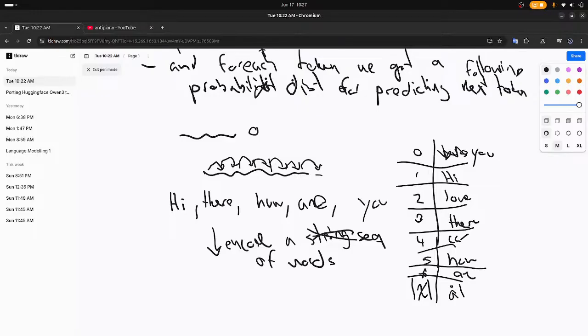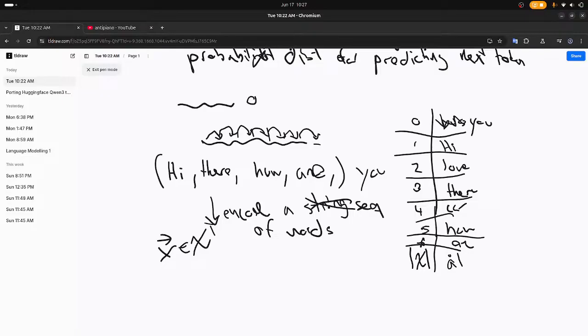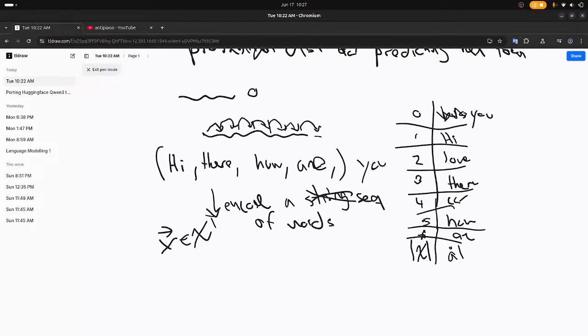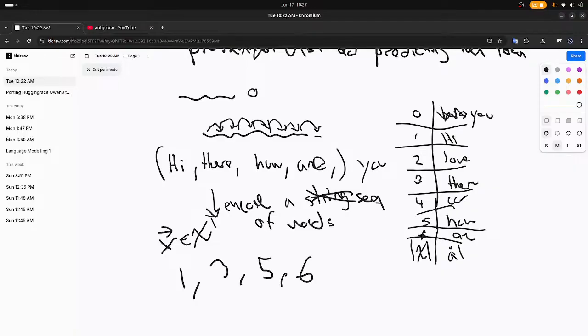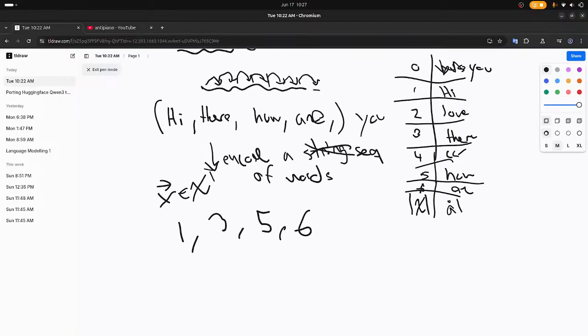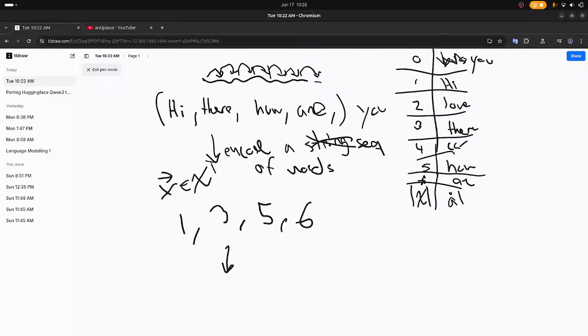So we will not think about commas, we'll just think that this is some kind of sequence, and we can think of it as a vector in some kind of space with some length t. So how are we doing this? We say hi, it's number 1, there is 3, how is 5, are is 6, 1, 3, 5, 6.